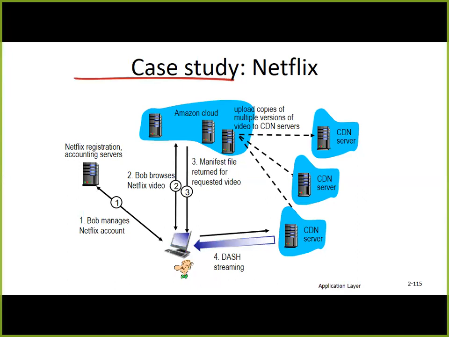Like I said, originally they didn't have that much infrastructure of their own. That has changed now. They have their own infrastructure, but they still rely heavily on the cloud. At one point, they were using not just Amazon, they were using Livewire, I think. I forget the names of all the providers they were using.